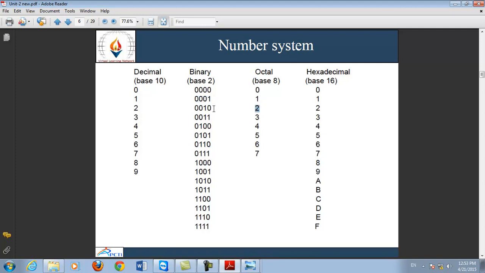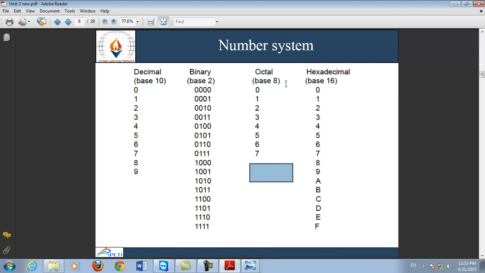For 2, 010, means the grouping will be formed from the rightmost digit. For 3, 4 and 5, you can take the group of 3 values likewise. Means to convert octal into binary, you can take the group of 3 bits of the equivalent number.